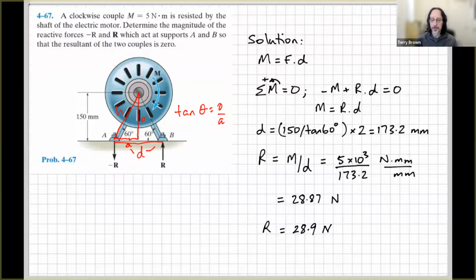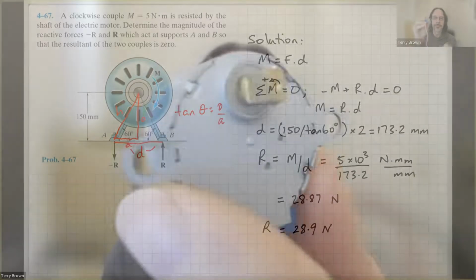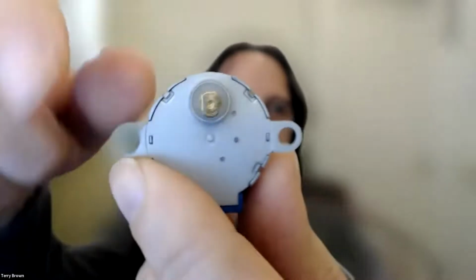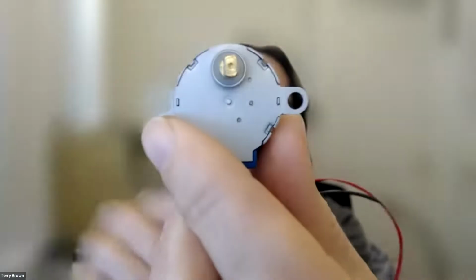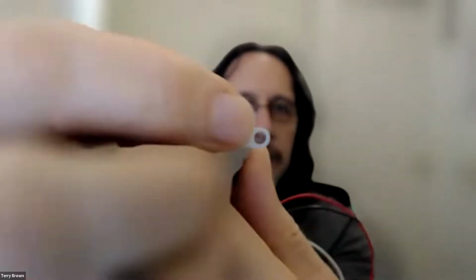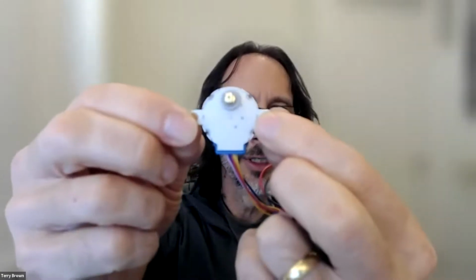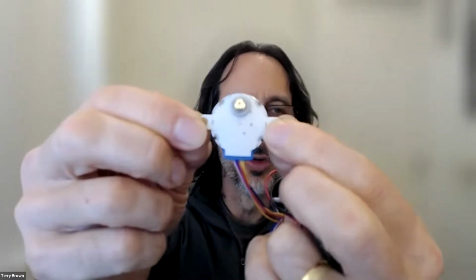Here's another one. This is a little stepper motor, and you can see this has got a flat on the shaft here, so you can attach something to that and then rotate that. Yeah, so that's where the torque would be, and then that moment would be resisted by the supports here.